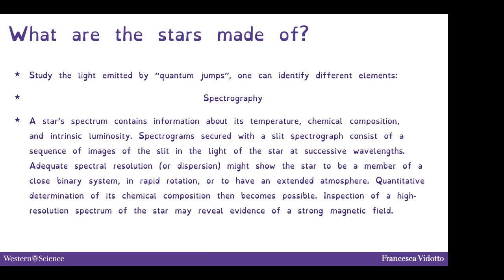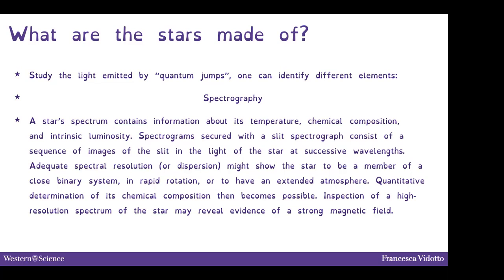But if you're looking at something made of a very specific element, then instead of seeing a rainbow in which all the colors shift from one to the other, you will see just one line, then another line, then another line. And these lines are the jumps from quantum mechanics.